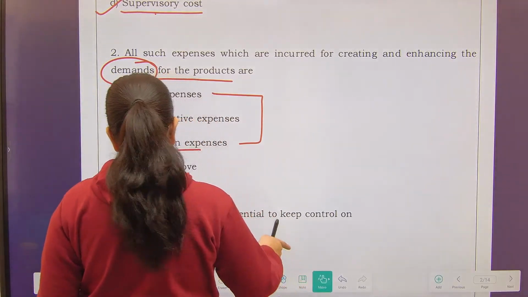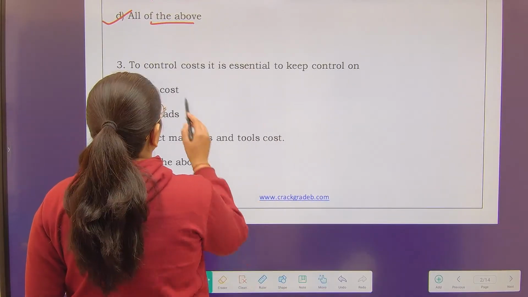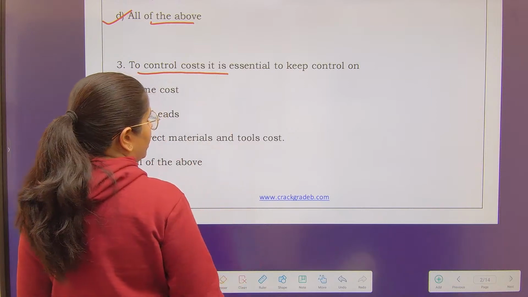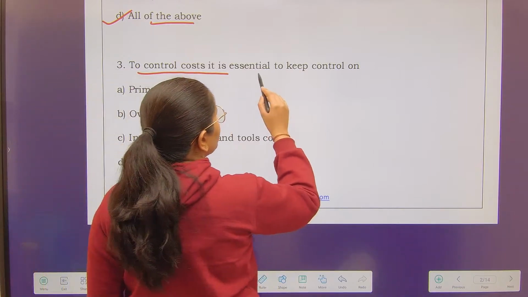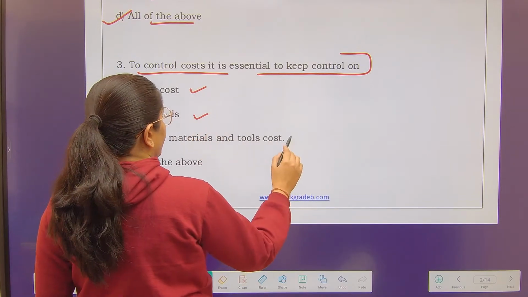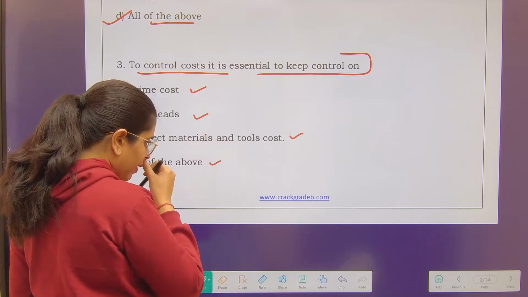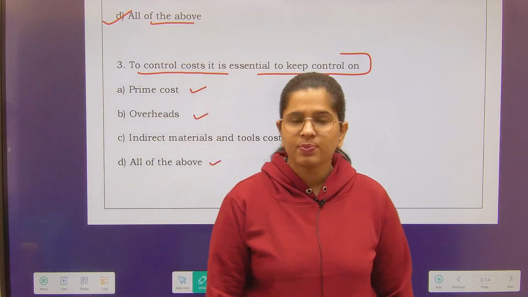Next, see, to control cost it is essential to keep control on prime cost, overheads, indirect material and tool cost, all of the above. Now what should be the answer as per you?